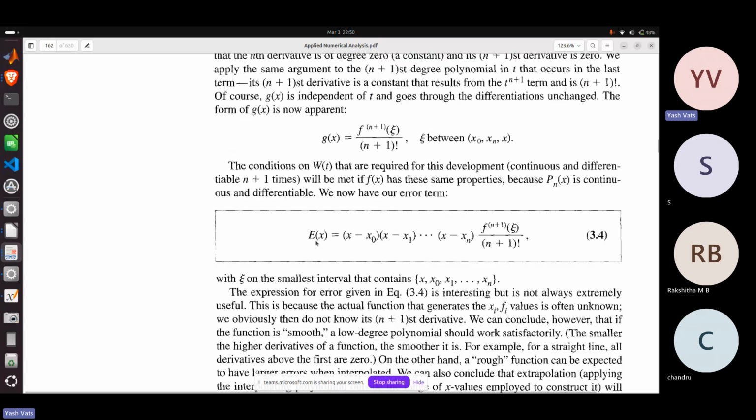Sometimes in the question they may ask you, what is the error bound? So I will write it here. Wait a second.